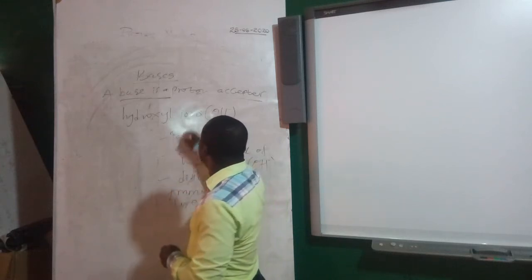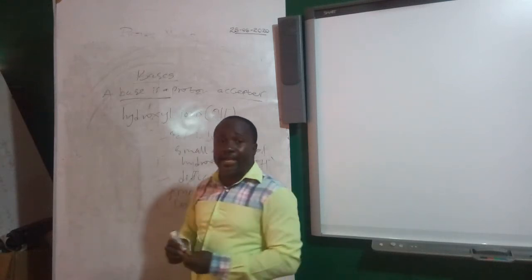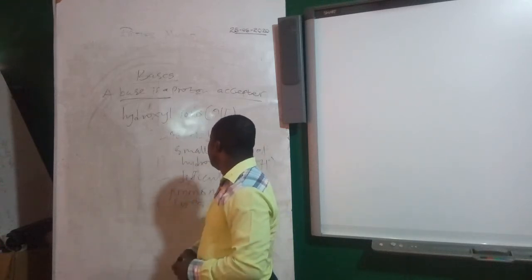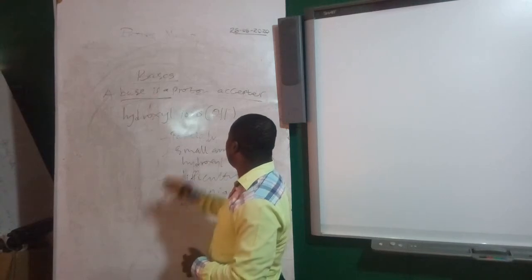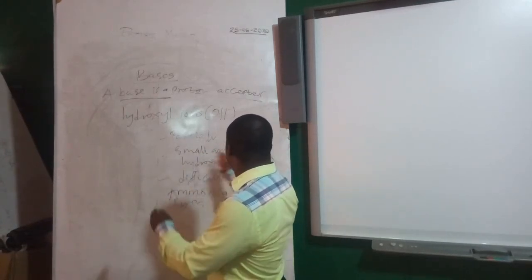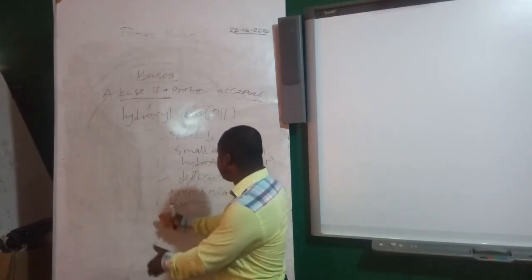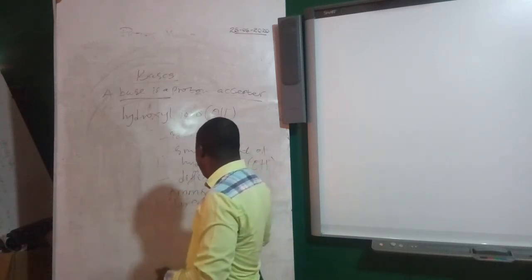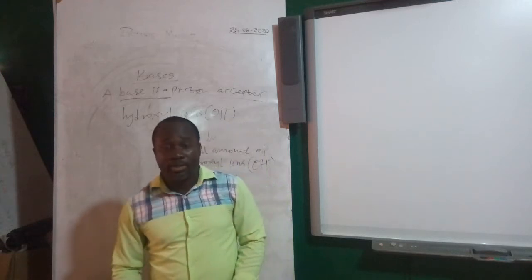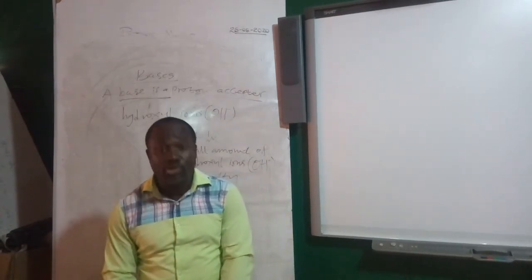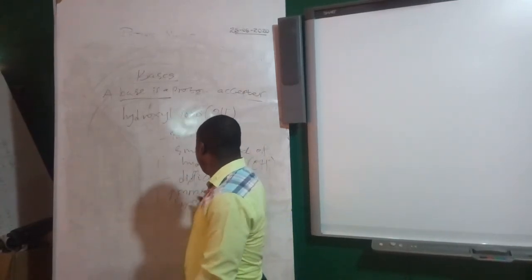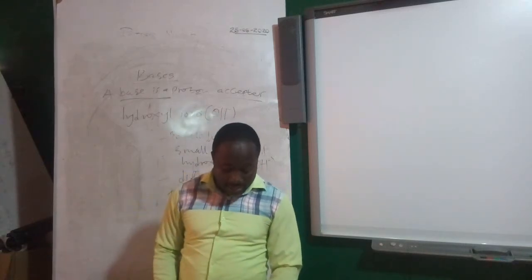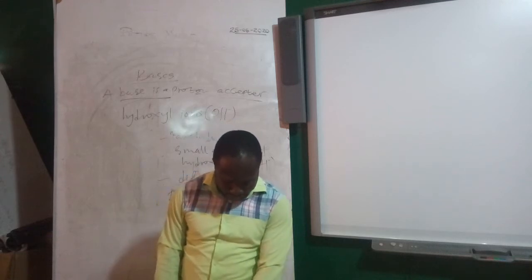However, a weak base is a base that dissociates or ionizes partially in aqueous solution to release small amounts of hydroxyl ions with difficulty. And typical examples are ammonia and urea. So I entreat my students to look out for more examples of weak bases and strong bases.